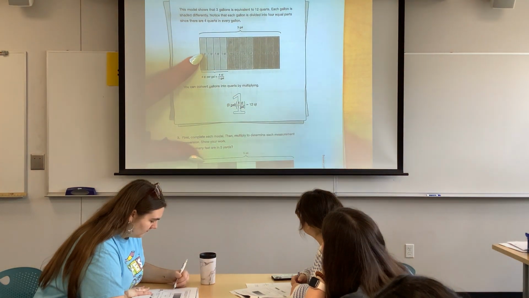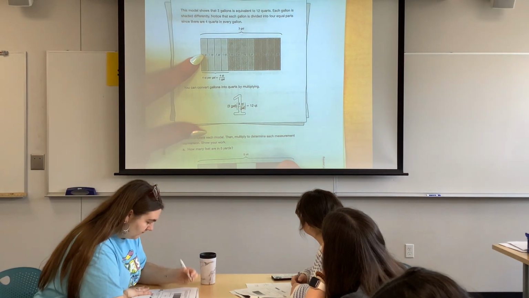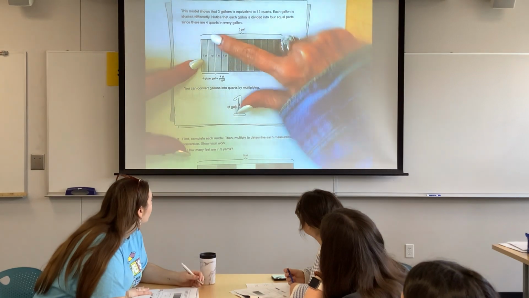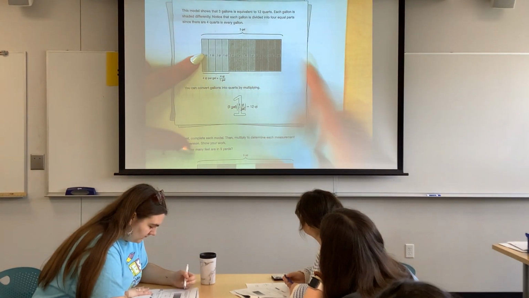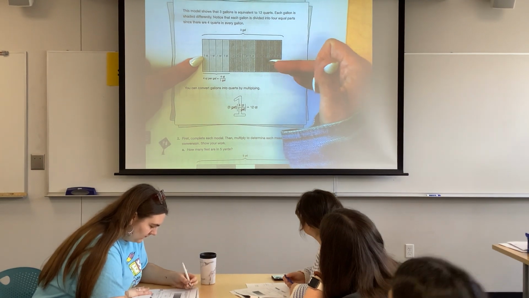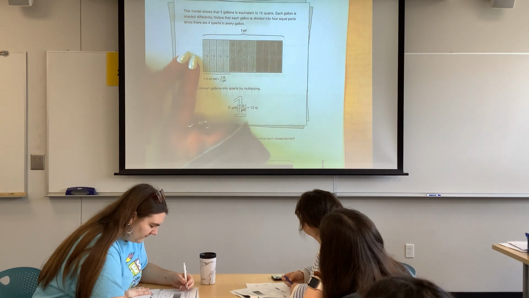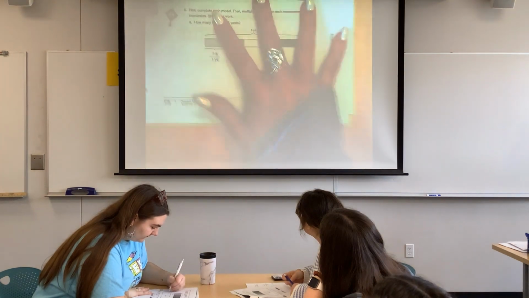Like, I think this is yellow, orange, and red in the real book. Then each one of those gallons I know has 4 quarts, so I split each one of them into 4. So now this is essentially the same thing as the drawing that we just drew. 3 gallons is how many quarts? We can just count them up, right? 12 quarts.